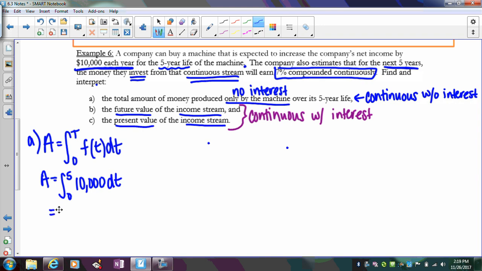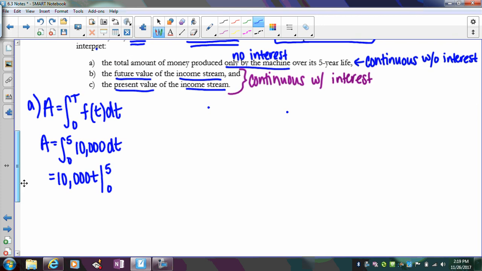So again, here's another situation where we don't really have to integrate this. So let's look at the integral. The integral of 10,000 would be 10,000 times t. And then I have to plug in 0 and 5. So it's going to be 10,000 times 5 minus 10,000 times 0. So we end up with 50,000.